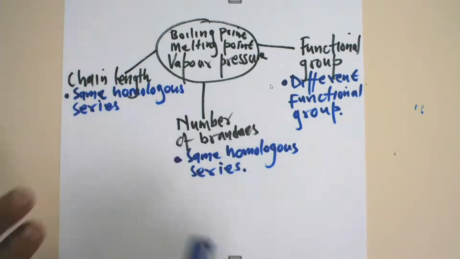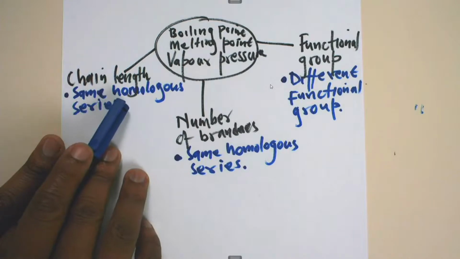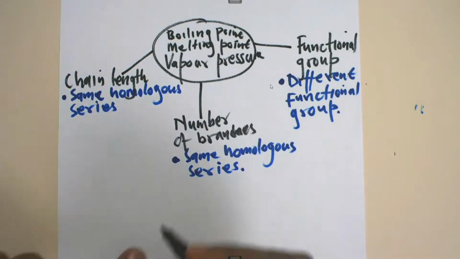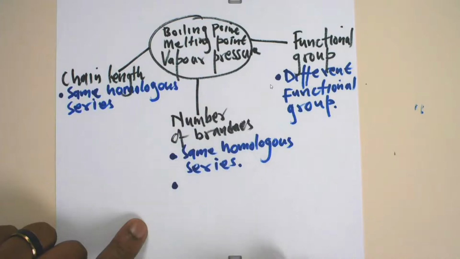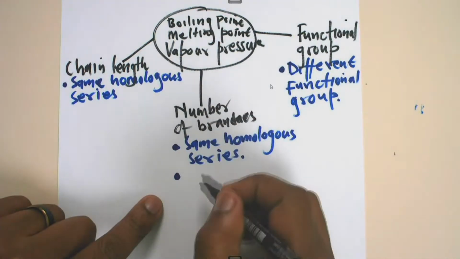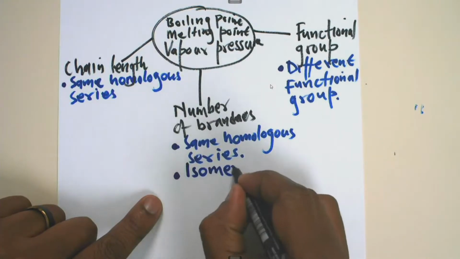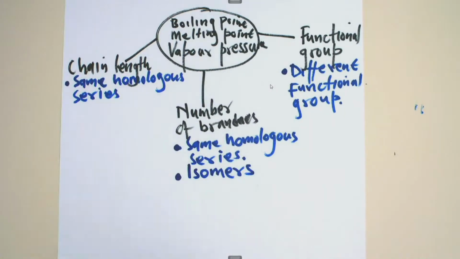So to eliminate the misconception between the two, or for me to be able to identify it fully, I must add something extra. Yes, they both belong to the same homologous series, but with this, I can be certain to say it is the number of branches or the chain length. So for me to compare a number of branches, they must be isomers of each other. Isomers: same molecular formula, just a different structure.